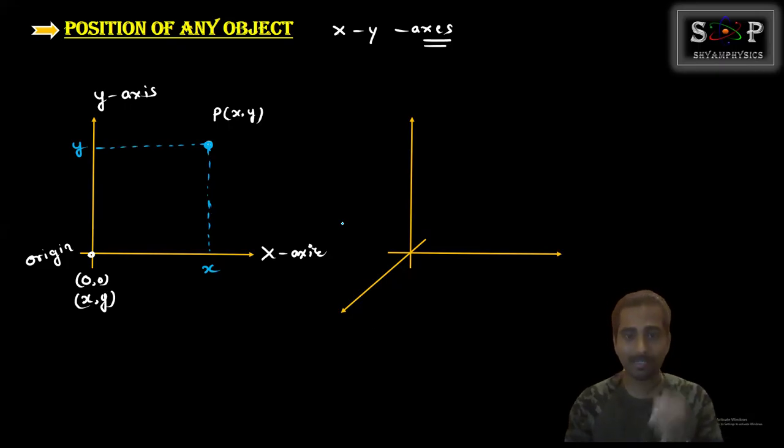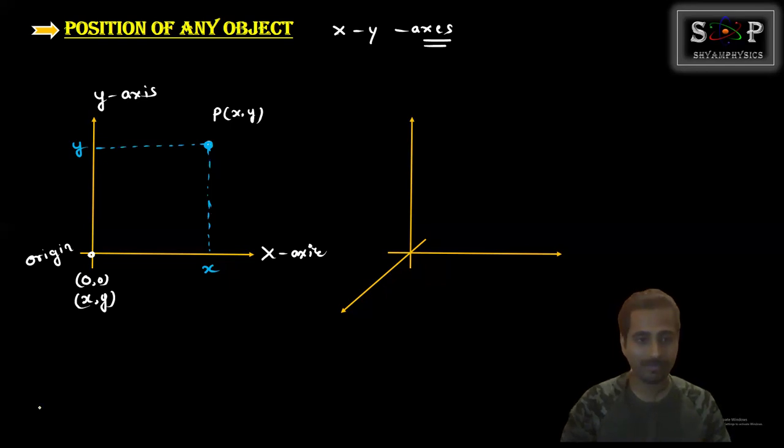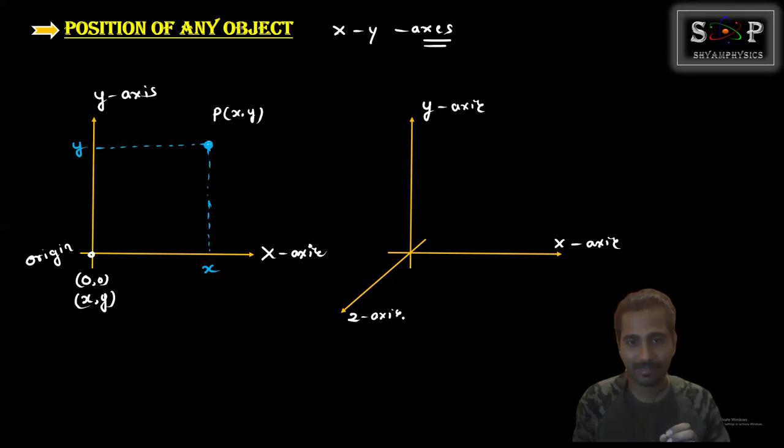What if I take the third axis also? Three axes are present here. One is the X axis, and this is the Y axis. And the third one, we can call the Z axis. Three axes are there. It is actually 3D.